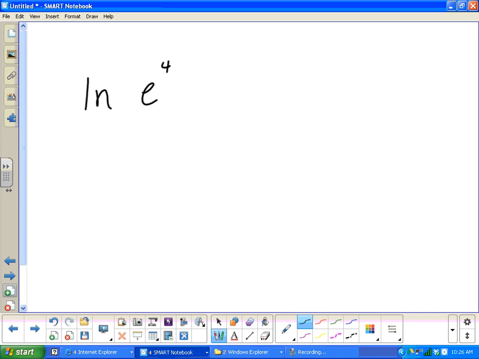The natural log of e to the 4th, you remember this from algebra 2, it's just a simple thing, it's just what? Natural log of e to the 4th is just 4. As we said, the natural log of e to the Ricky Bobby is just Ricky Bobby.